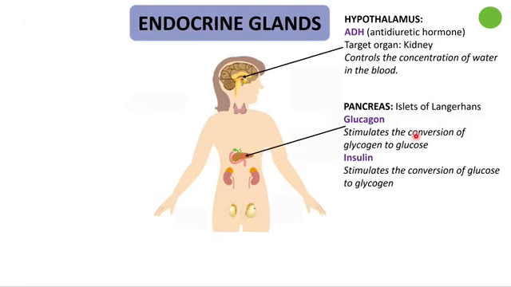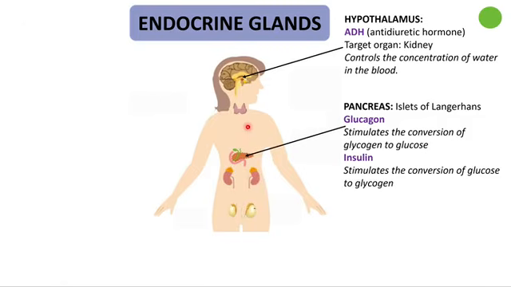ADH stands for antidiuretic hormone. Okay, you may use that abbreviation ADH. The target organ of ADH is the kidneys, more specifically the tubules of the kidneys. So it regulates the permeability of those tubules to allow water reabsorption.